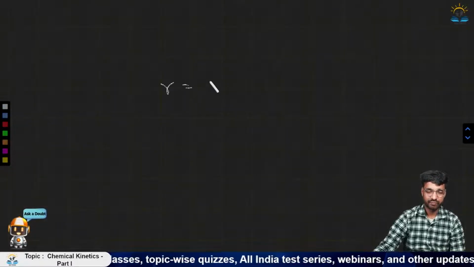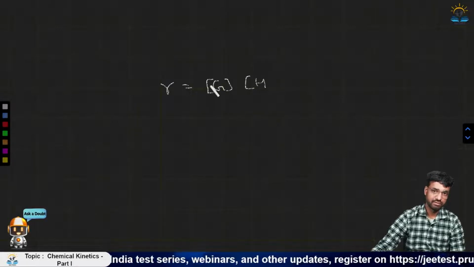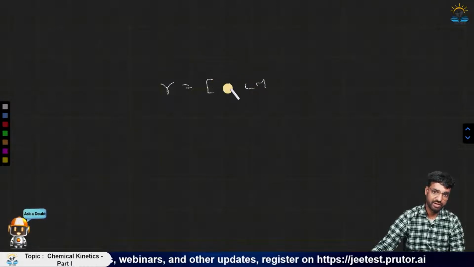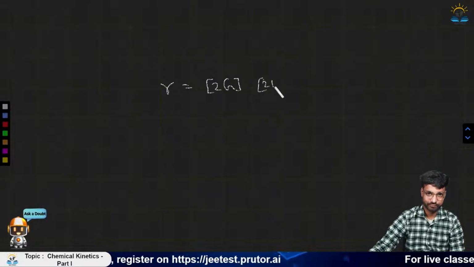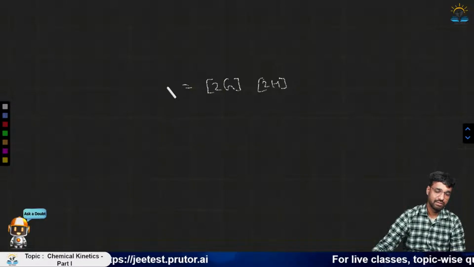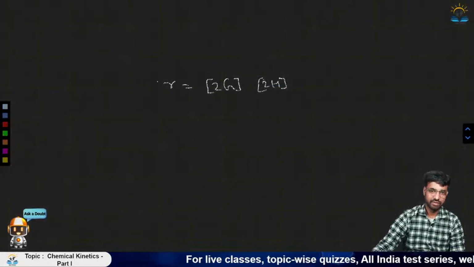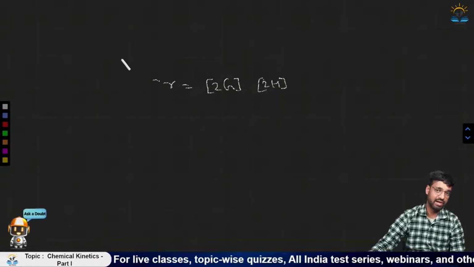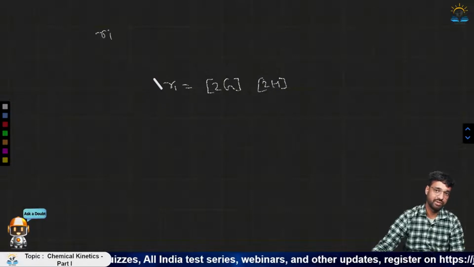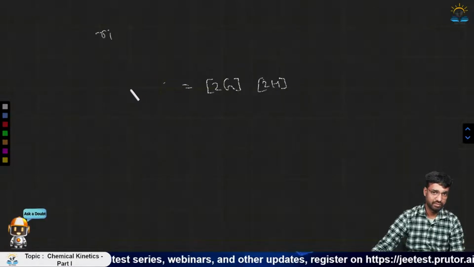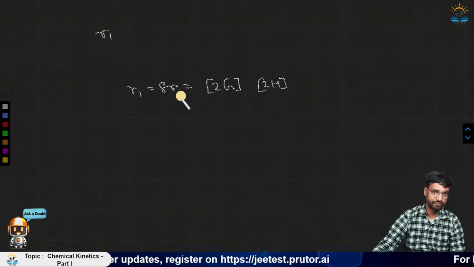It is saying that if we are increasing the concentration of G and H by doubling, then the rate of reaction also becomes 8 times the earlier. So suppose R initial is the initial rate of reaction, then this R1 will be equal to 8 times Ri.